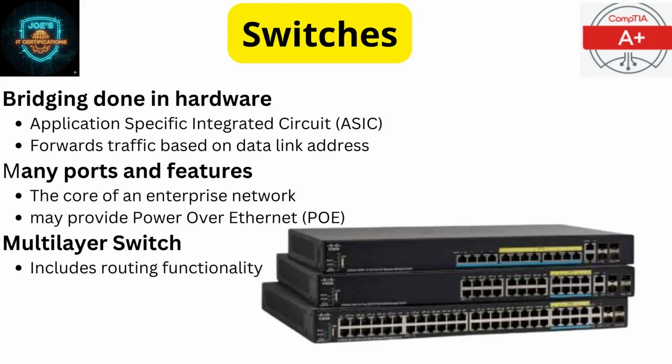This allows you to connect phones, wireless access points, and even laptops to an Ethernet connection, and have it not only use that Ethernet connection for data, but also power the device itself. And as we've mentioned, many switches not only have the switching functionality, but might also have routing functionality in that same device. We often refer to these as Layer 3 switches, or multi-layer switches.